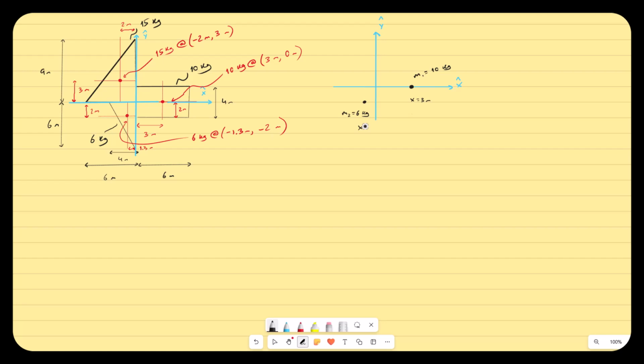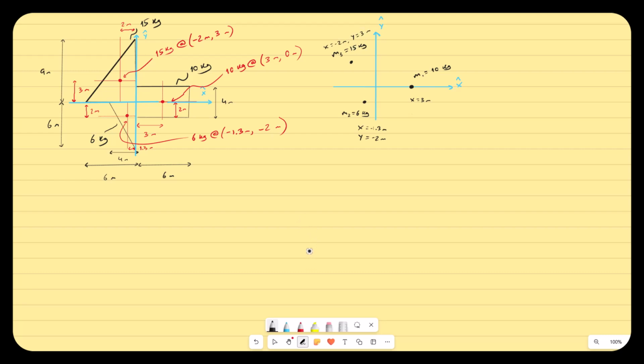This is at x equals negative 1.3 meters, y equals negative 2 meters. And then I've got one here. This one is 15 kilograms, and this is at x equals negative 2 meters, y equals positive 3 meters.